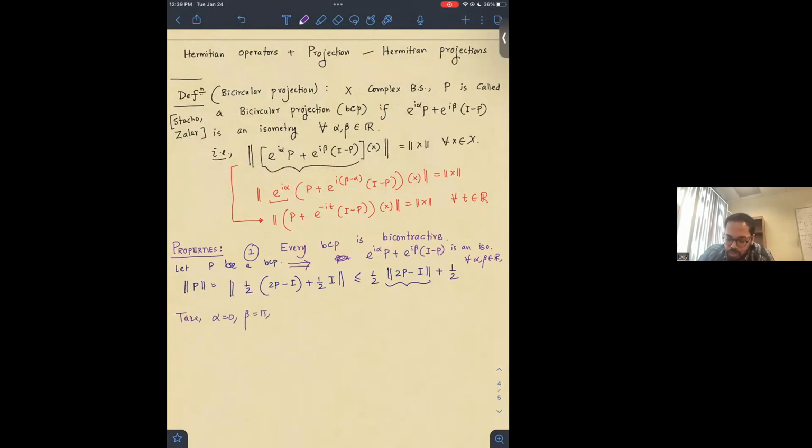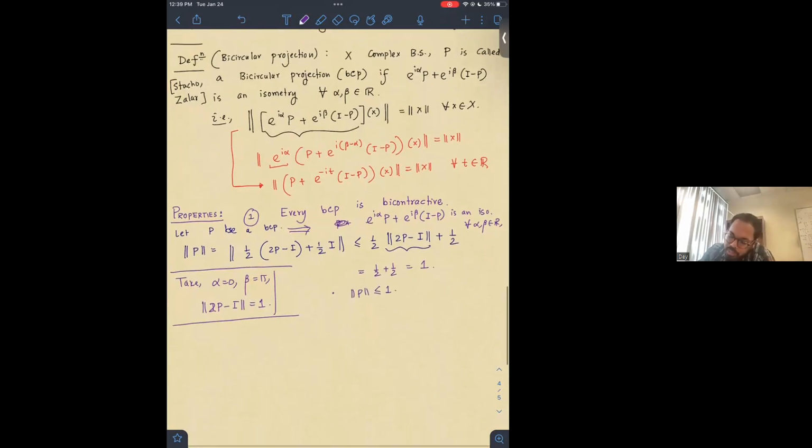That would give you that this operator is indeed an isometry. So this norm is equal to 1. So that is equal to 1/2 plus 1/2, which equals 1. So the norm of P is smaller than or equal to 1.